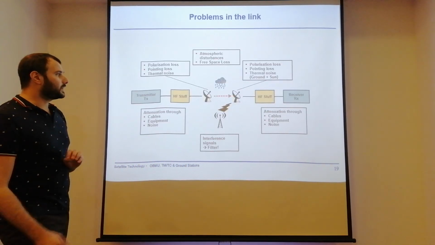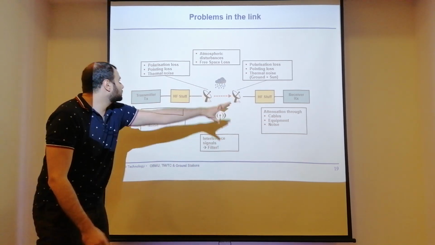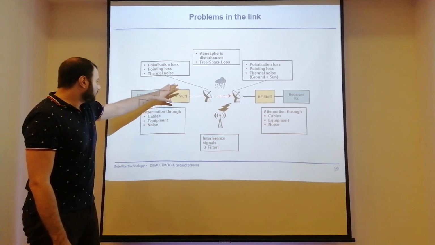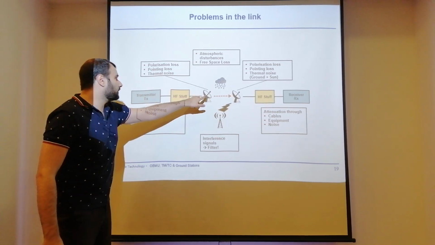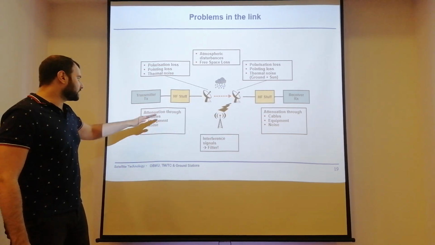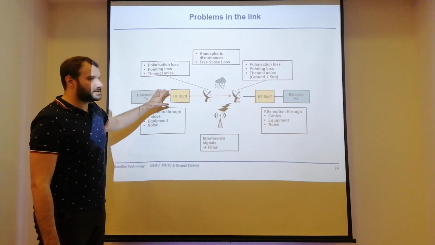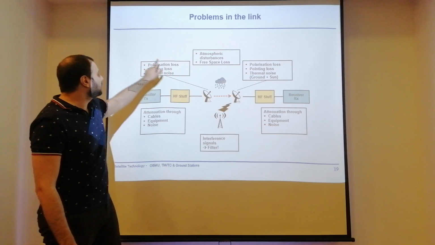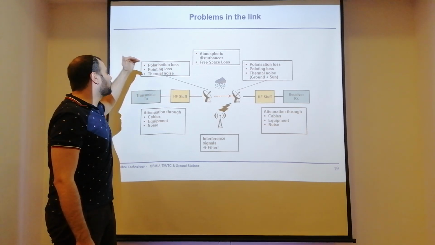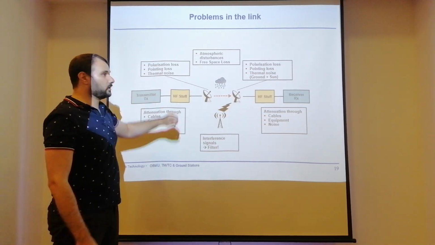There are certain factors that might affect this whole communication link between the transmitter and the receiver. We said we have our cable, so we have attenuation between the transmitter and our antenna already. We have cables, equipment, and other introduced noise. So that's where this attenuation comes from. But also our antenna has some losses due to polarization, mispointing, or thermal noise.